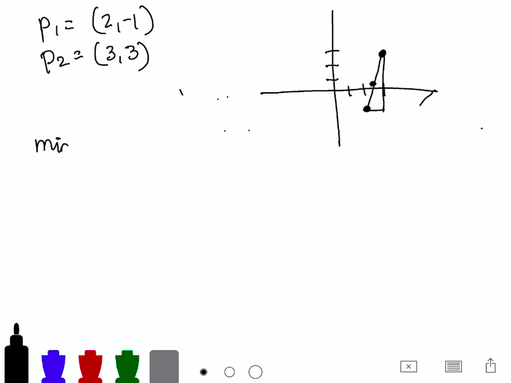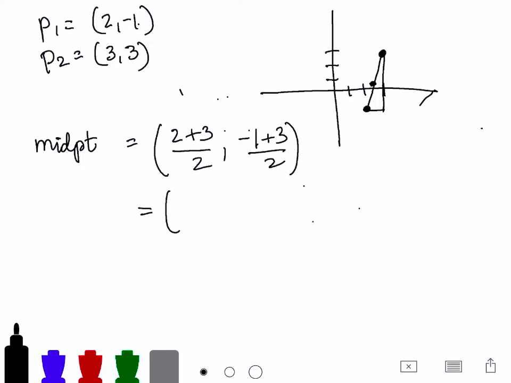So how would we compute this midpoint right here? The midpoint is x1 plus x2, 2 plus 3 divided by 2, and then the y value is negative 1 plus 3 divided by 2. That's 5 halves, and 3 minus 1, that's 2 over 2, 1.